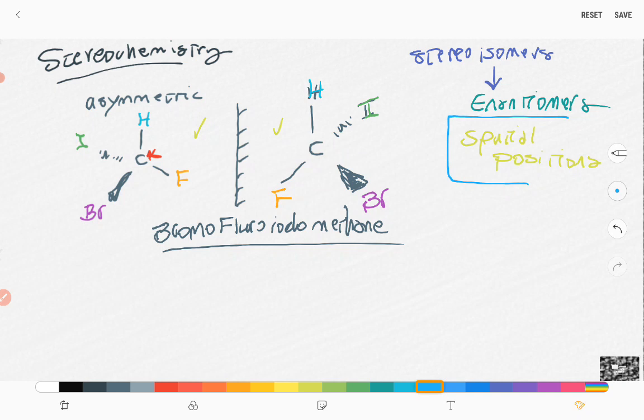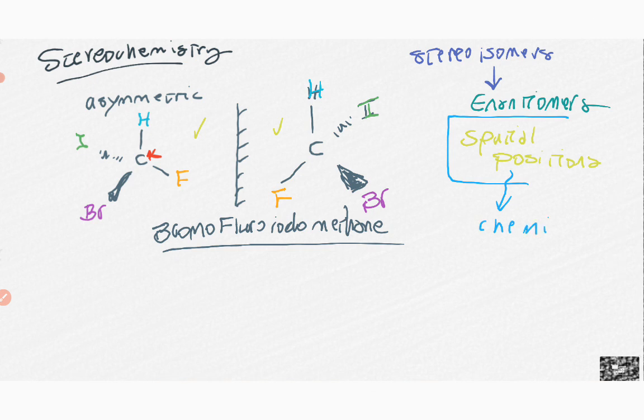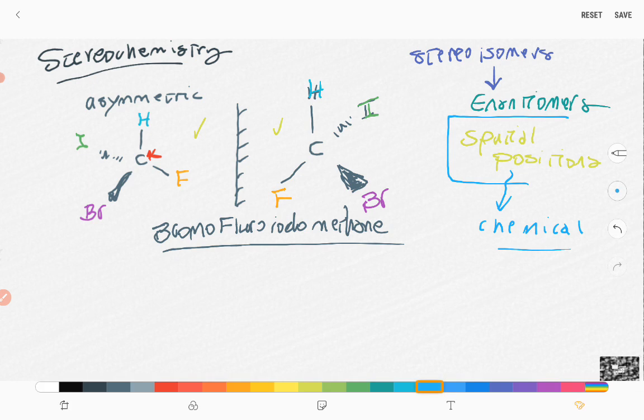And the only difference is the spatial position, and this spatial position makes the chemical differences. And we said before, this is the importance of splitting apart the two enantiomers. If the physical and the chemical properties were the same, why are we splitting these molecules from others?